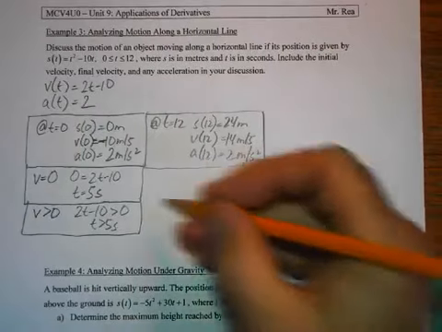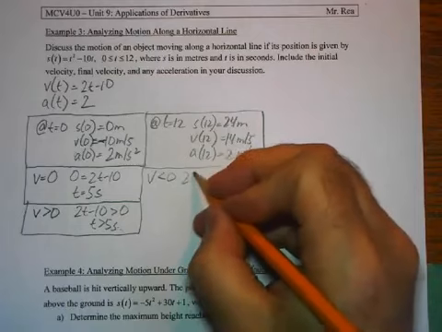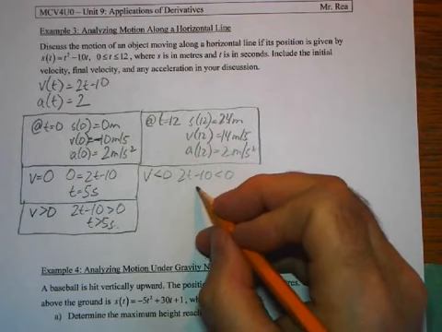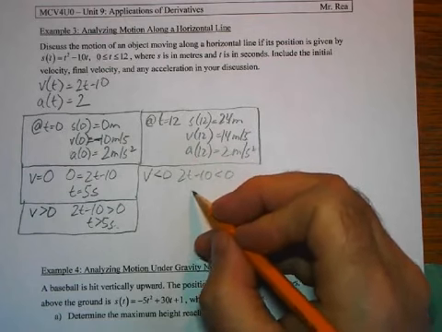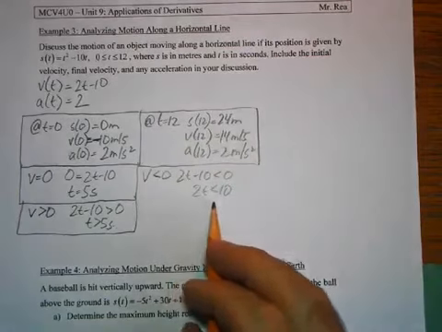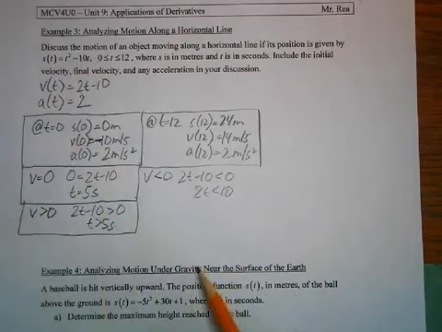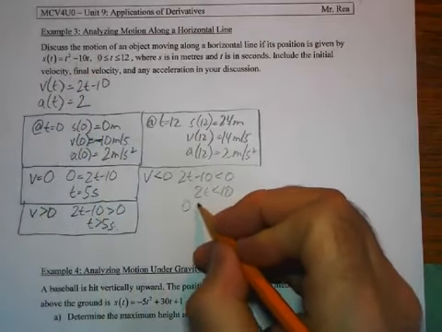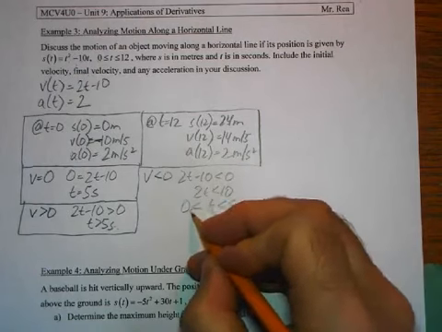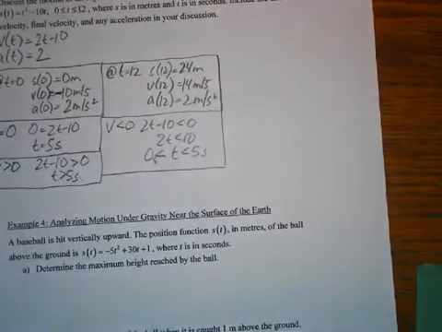I might as well do the velocity less than 0, just to be complete. 2t minus 10 less than 0. So that means 2t is less than 10. Now, you'd think there'd be t is less than 5, but the time can't be lower than 0. So between 0 and 5 seconds is when the velocity is negative.